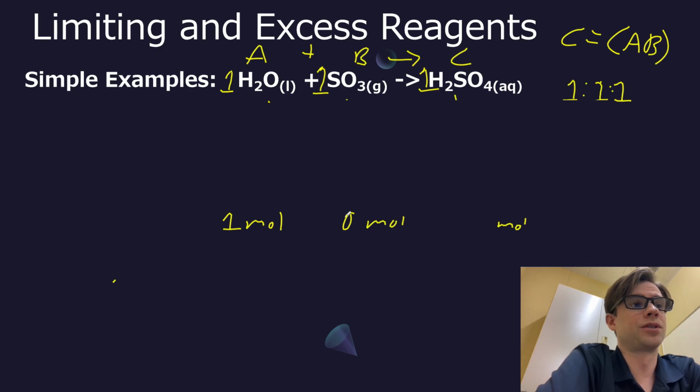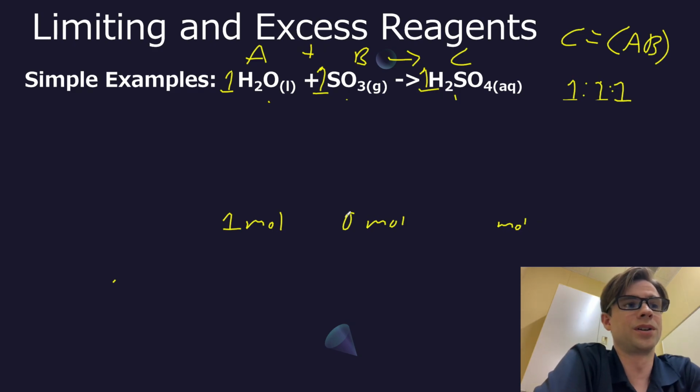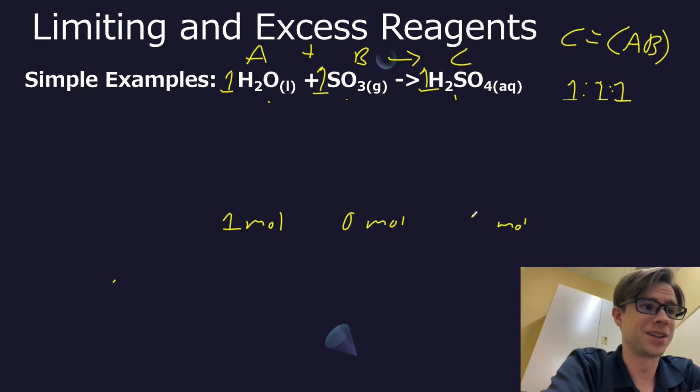Well, the balanced chemical equation tells us one molecule plus one molecule goes to one molecule, but we no longer have any molecules or any moles of SO3, so this cannot proceed forward anymore. Hopefully this makes sense. We don't have the SO3 required to make any products, so we don't make any. All right.